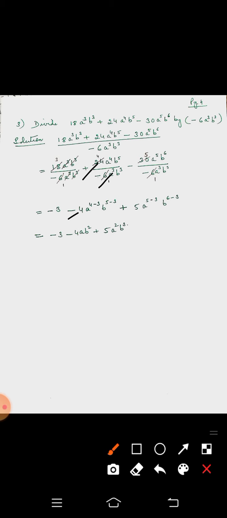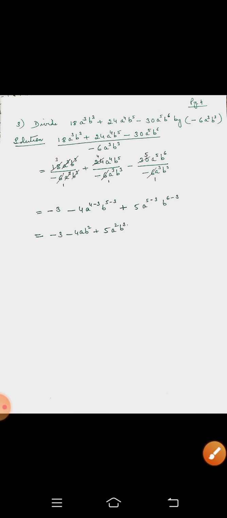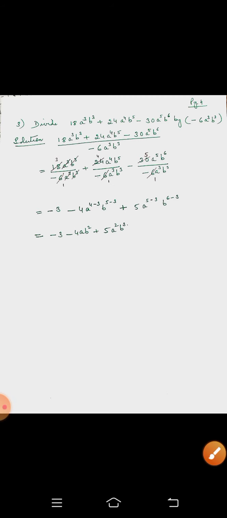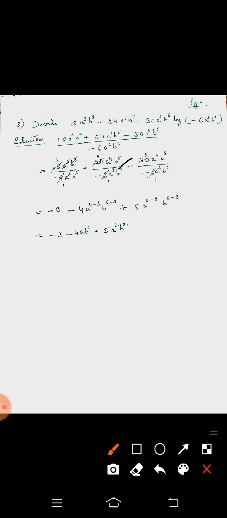And the remaining variables, how it is cancelled: a to the power 4 by a to the power 3, so 4 minus 3 becomes 1. Therefore here a has only one power.